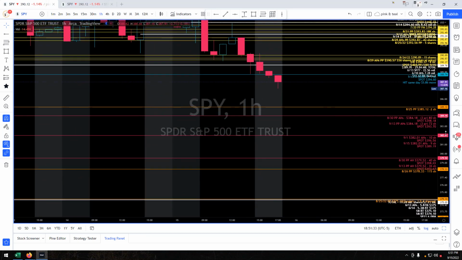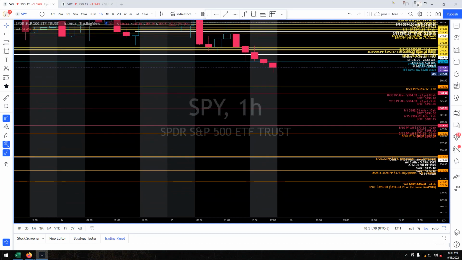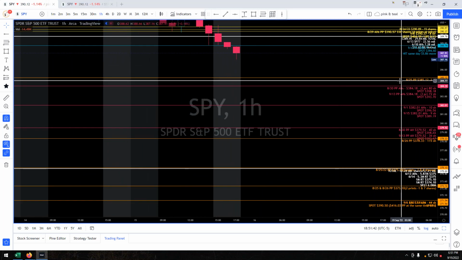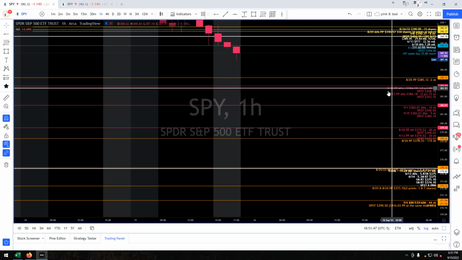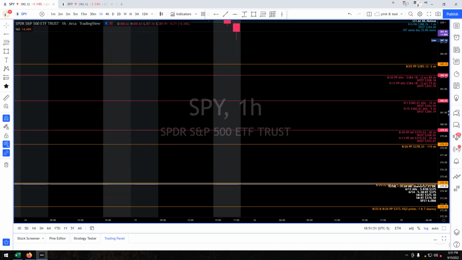The only open ones that I have that are closest to price are downside. So here's what we currently have open on 8/25. We had 385.12, and these highlighted in pink are interesting because these are ones that we originally had come in on a previous date.